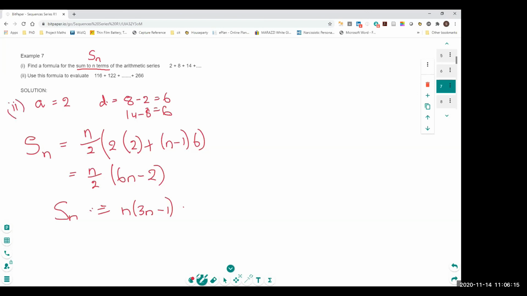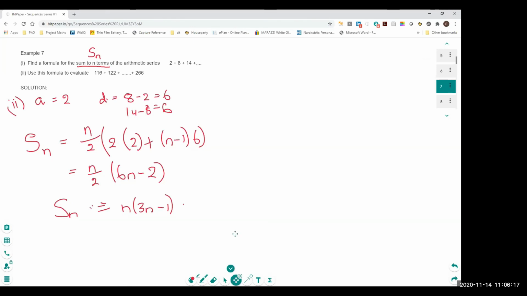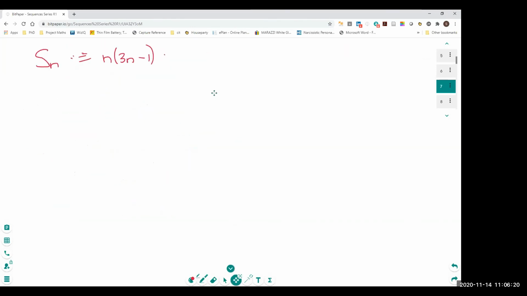Second part is use this formula to evaluate 116 plus 122 up to 266. Okay, so that's the formula that we've been given. What they've given us is 116 plus 122 plus whatever happens in between, plus 266.